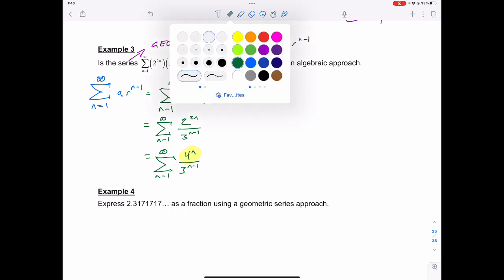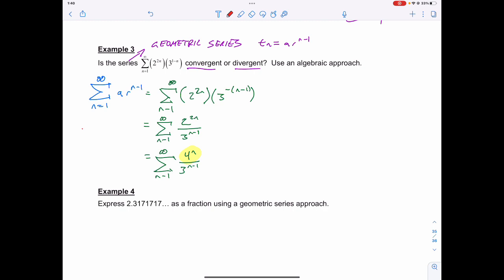Think of it this way. If I had 2 to the 1 and 2 to the 2 and 2 to the 3, then that's the same as 2 to the 1 and then 2 to the 1 times 2 to the 1 and 2 to the 1 times 2 to the 2. Just adding or splitting up the exponents, which means that I could say that 2 to the 11 is the same as 2 to the 1 times 2 to the 10.